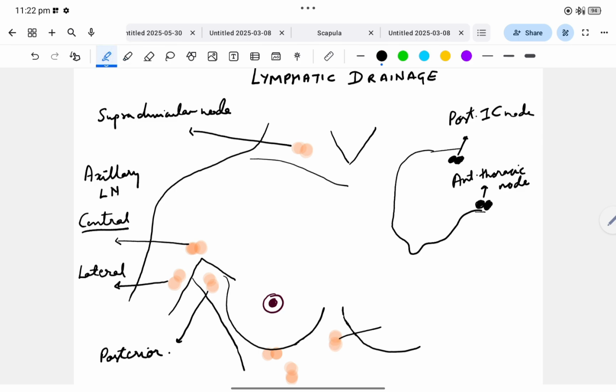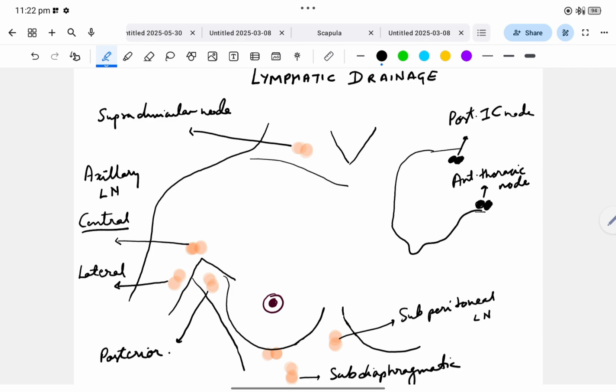So this is subperitoneal lymph node, and this is subdiaphragmatic lymph node. So the breast is surrounded by these many lymph nodes.